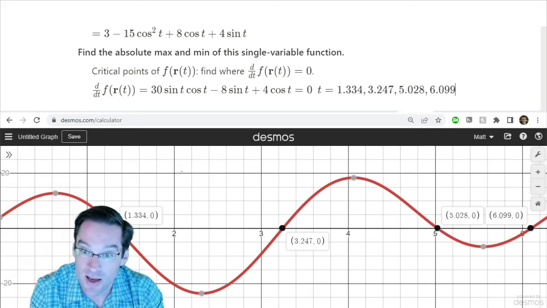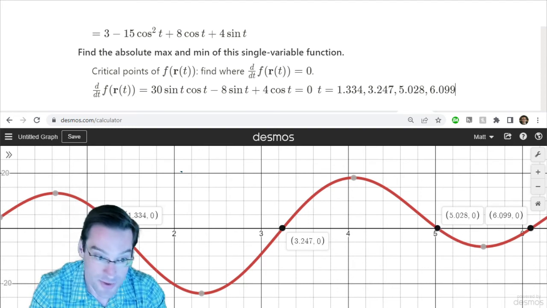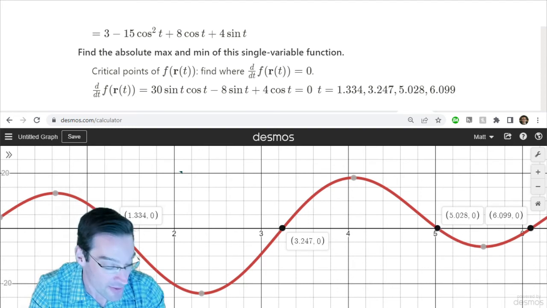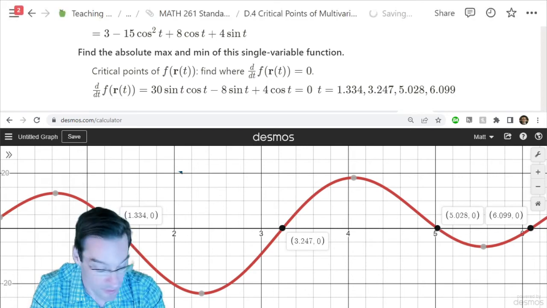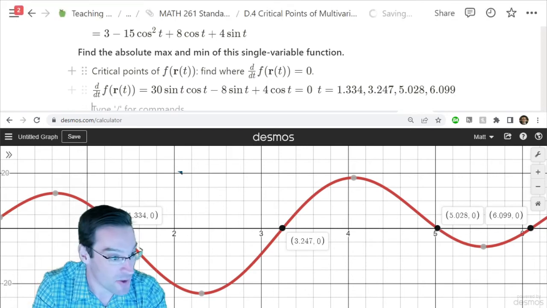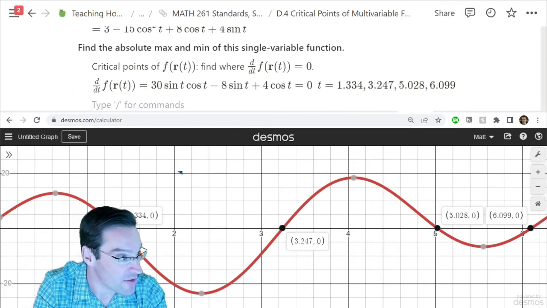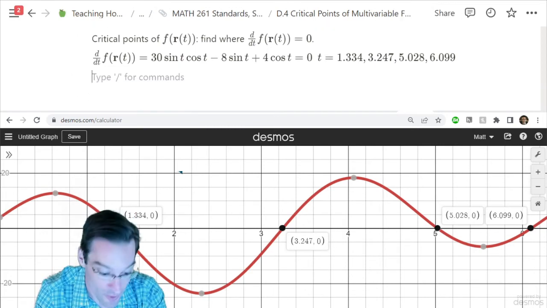And so once I have found those t values, those are going to be the candidates for the absolute maximum and minimum points of the function along this curve. And so then we would just want to evaluate what is the z value at each of those points.